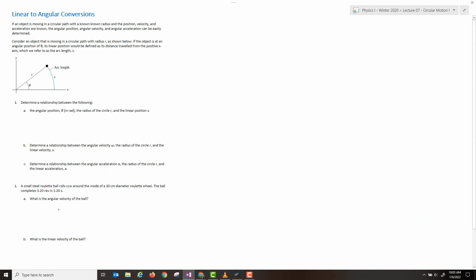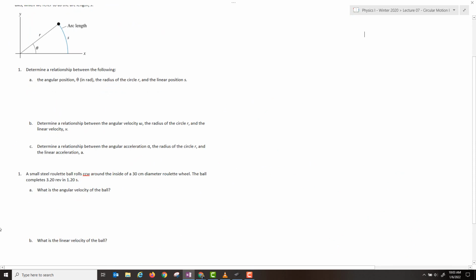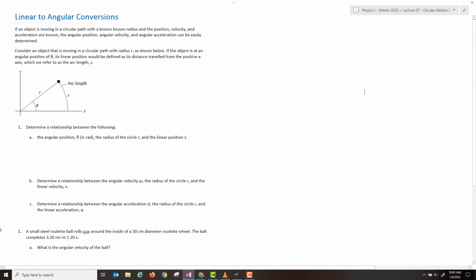All right, so now we're going to talk about conversion. We've learned already all the linear kinematic equations. We're going to convert those to the angular kinematic equations. If an object is moving in a circular path with a known radius and the position, velocity, and acceleration are known, then we can get the angular position, velocity, and acceleration easily.